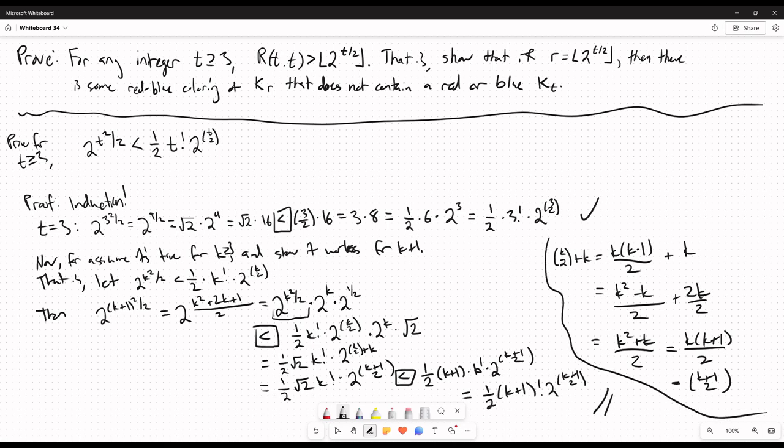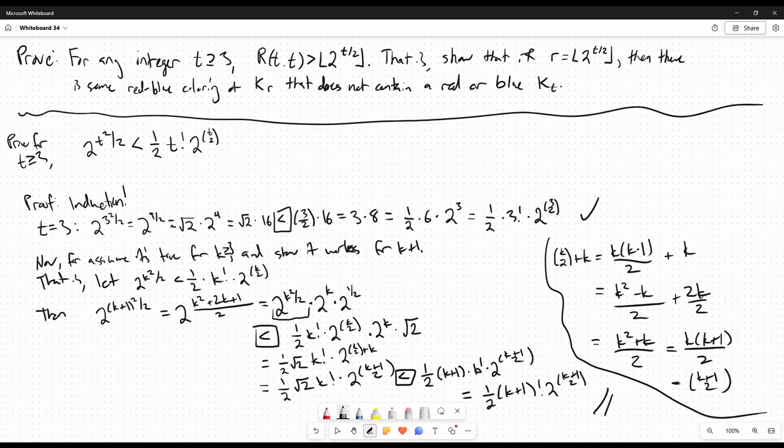We showed that 2 to the power of k plus 1 squared over 2 is less than 1/2 times k plus 1 factorial times 2 to the power of k plus 1 choose 2, which is what we needed to show to prove the inductive step of our claim. So we showed that it's true for 3, which involved a little bit of algebra. Not even algebra.